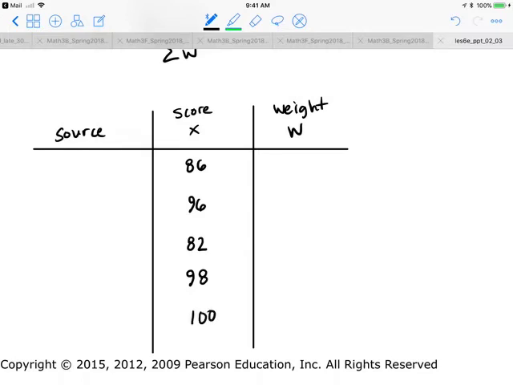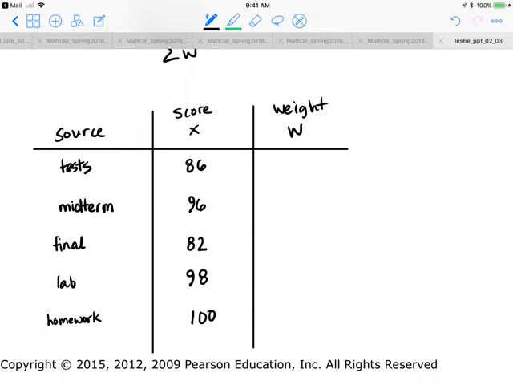Good job on that homework. So this is the homework. Lab was 98. The 82 was the final. 96 was the midterm.